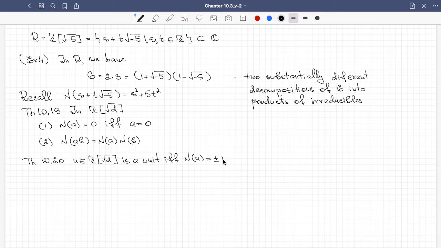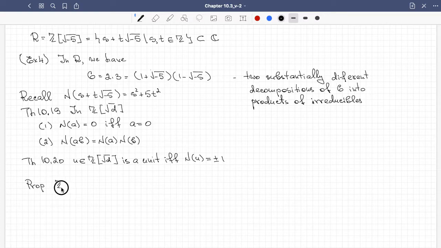I want to start with a technical proposition which will help us. There is no element in this ring with norm 2 or 3.